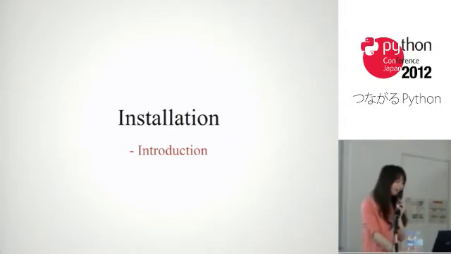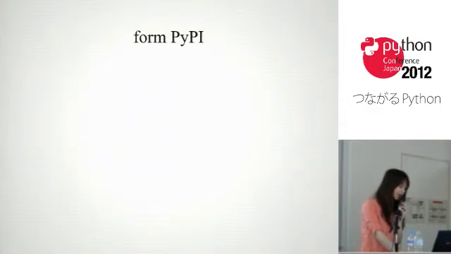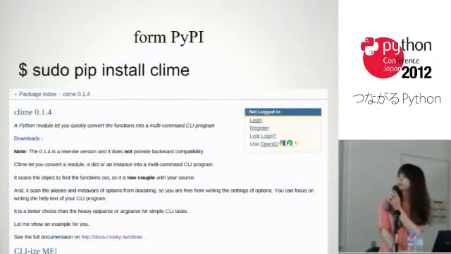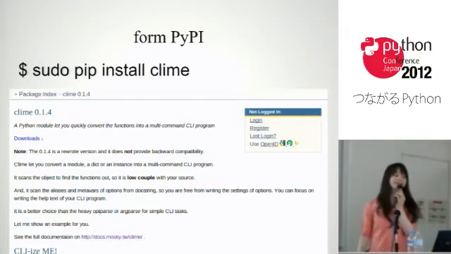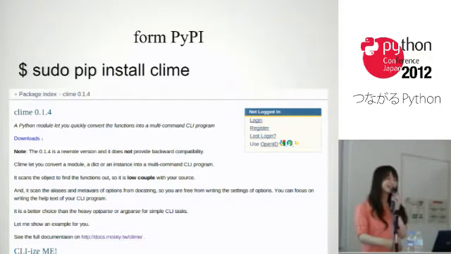If you like, you can install it on your machine. Clime is uploaded to the Python Package Index, so you can use pip to install it. Just type sudo pip install clime. Now you can install it.